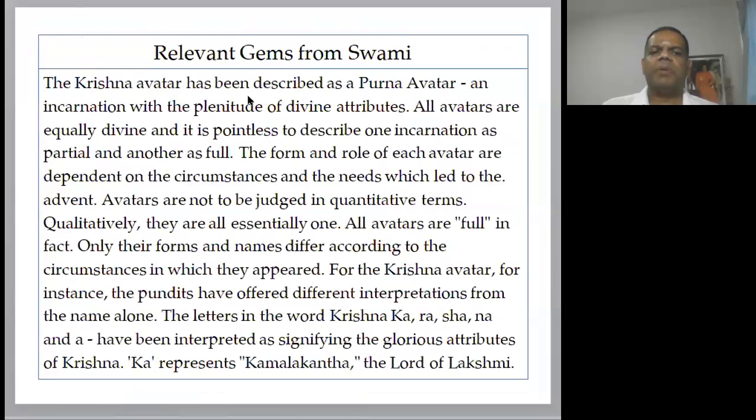The Krishna avatar has been described as Purna avatar, an incarnation with a plenitude of divine attributes. All avatars are equally divine, and it is pointless to describe one incarnation as partial and another as full. The form and the role of each avatar are dependent on the circumstances and the needs which led to the advent.